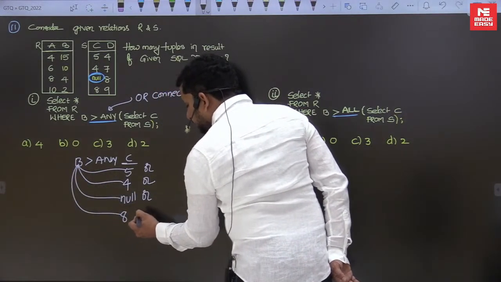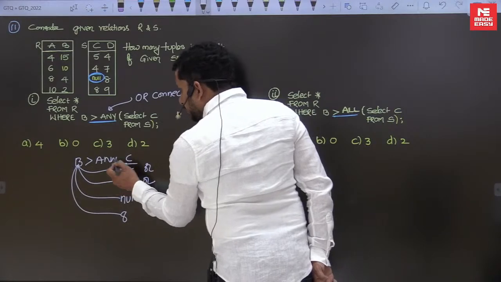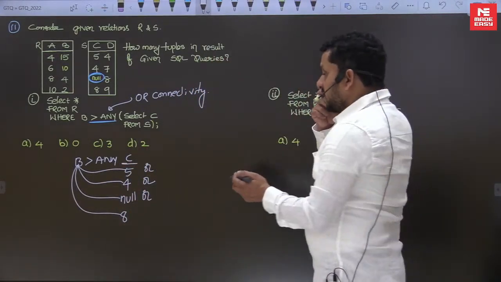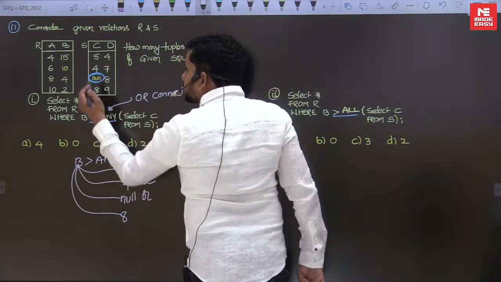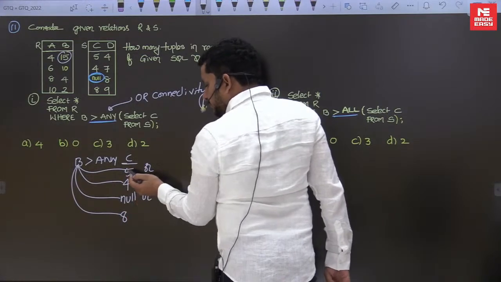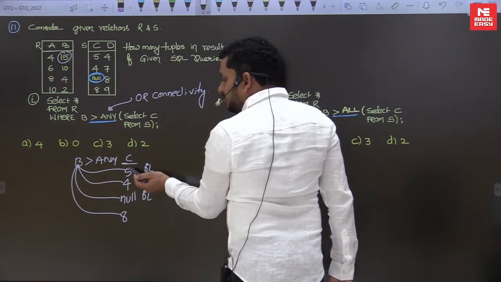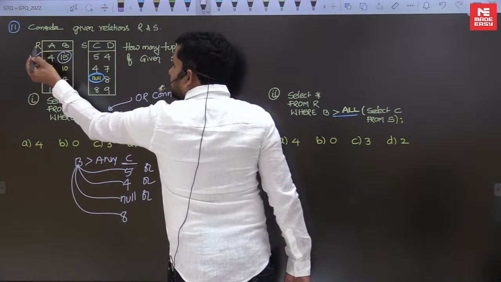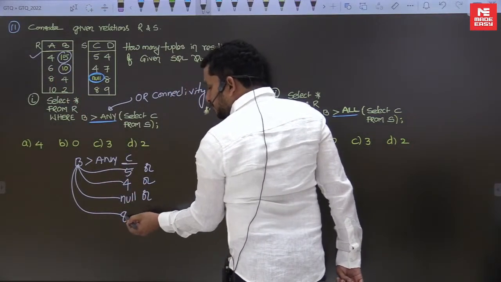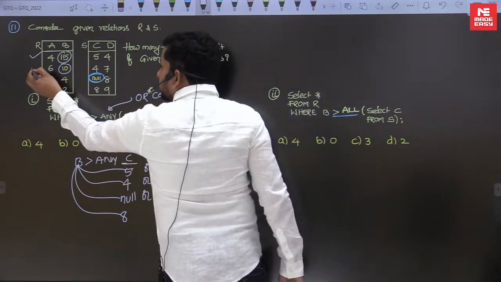greater than 8. Okay, so if any R operation means any one of them is satisfied, then the condition is true. If B value is 15, so 15 greater than 5 is true. Okay, this record is in the result. So B value is 10, 10 greater than 5 and 10 greater than 4 and 10 greater than 8 is also in the result.